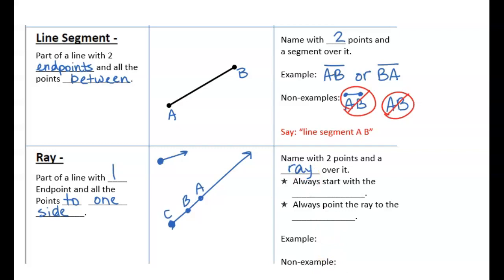You always want to start with the endpoint when you're naming. And you always point your ray to the right whenever you're actually writing the name of the ray.